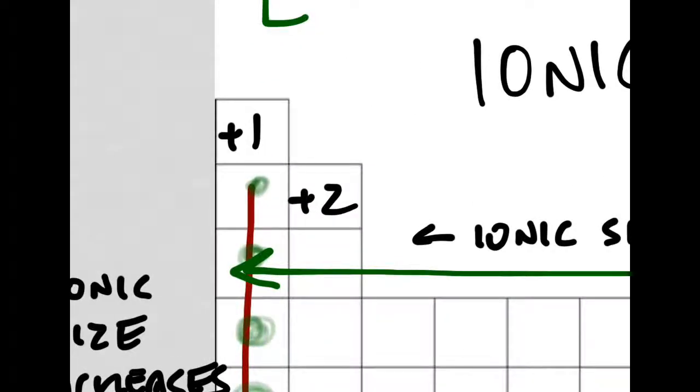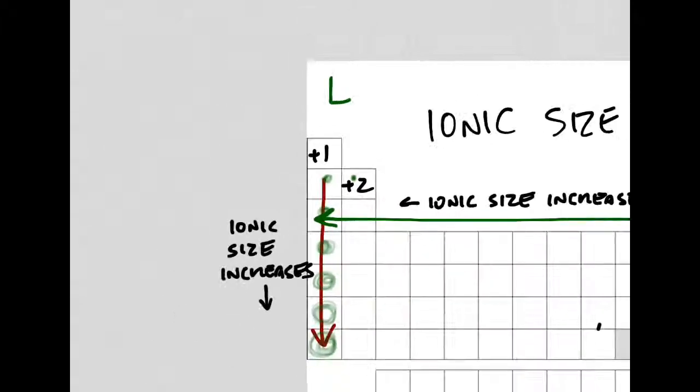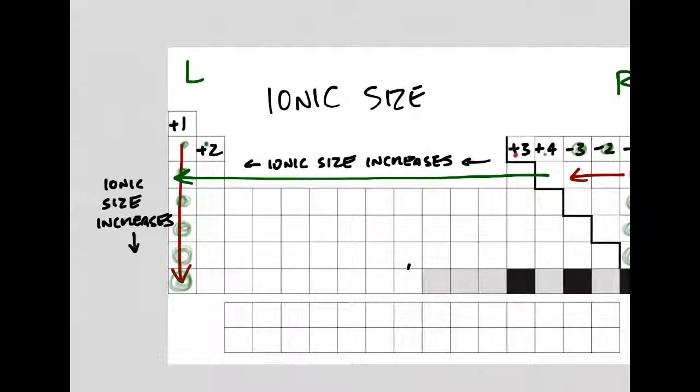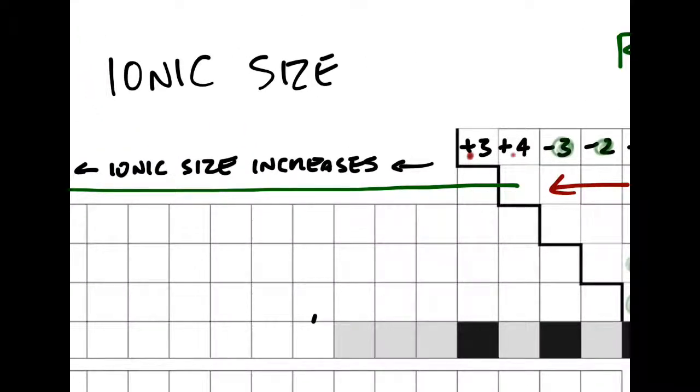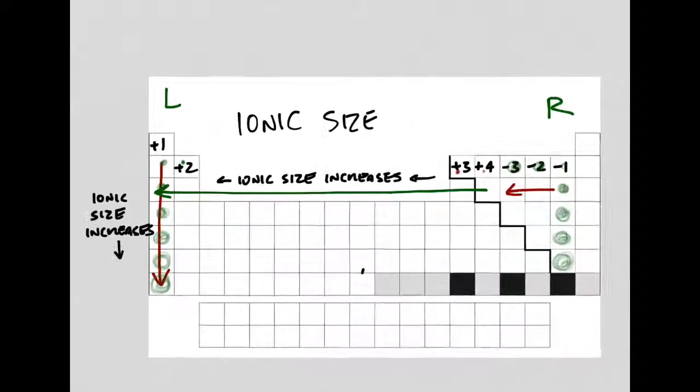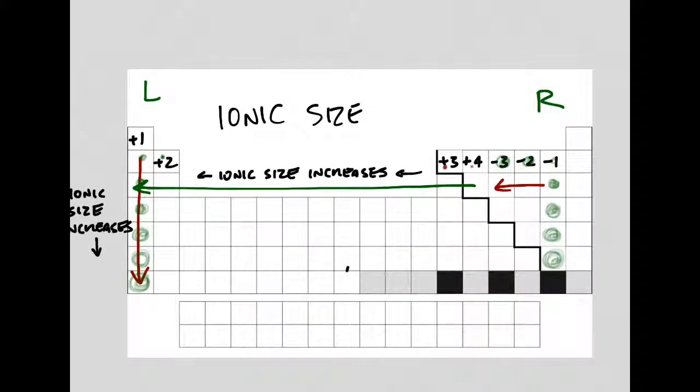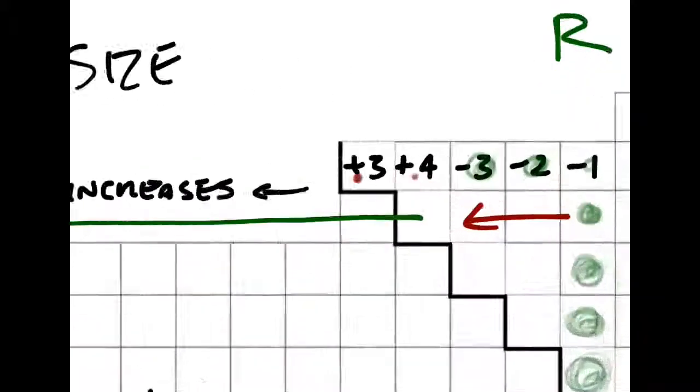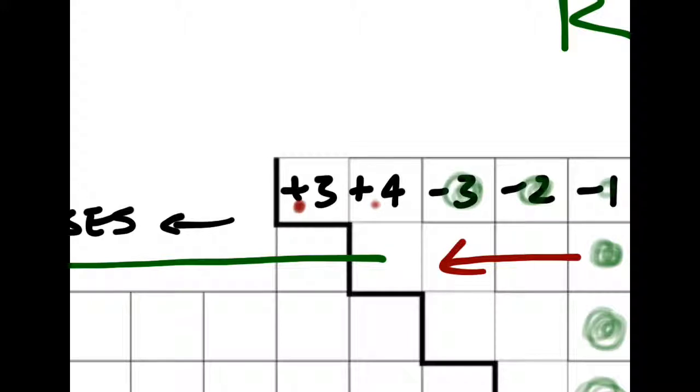And this too, I guess I should make this one green. Let's see how that increases. It's going to increase in size from the 2A group to the 1A group. Okay? So again, it's following the exact same trend that we saw with the atomic size, except that we have this wackiness going on between group 5A and group 4A.